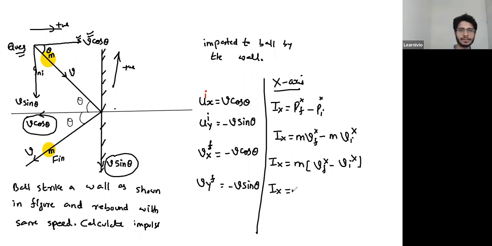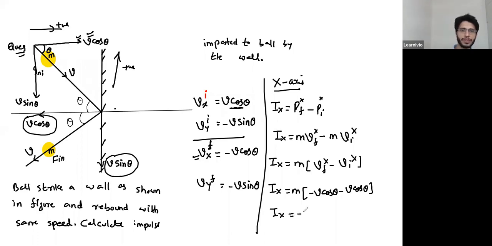You can write this as m times the final velocity along x-axis, that's minus v cos theta, minus the initial velocity along x-axis. So minus v cos theta minus v cos theta. So Ix comes out to be minus 2mv cos theta.